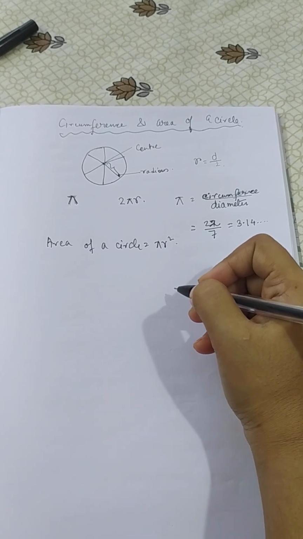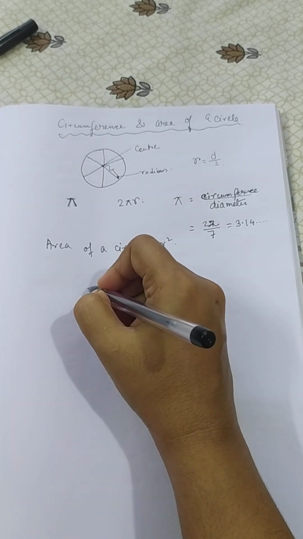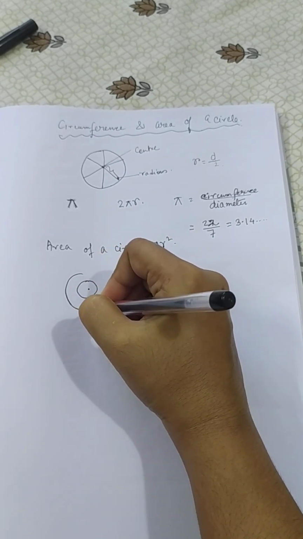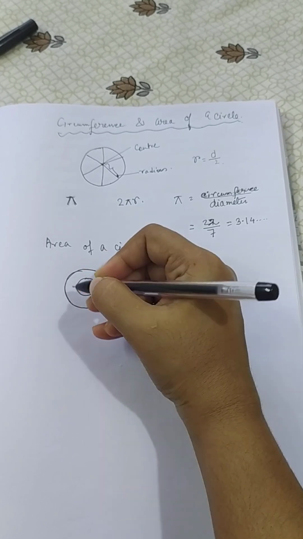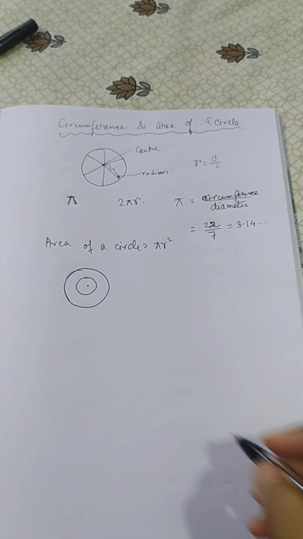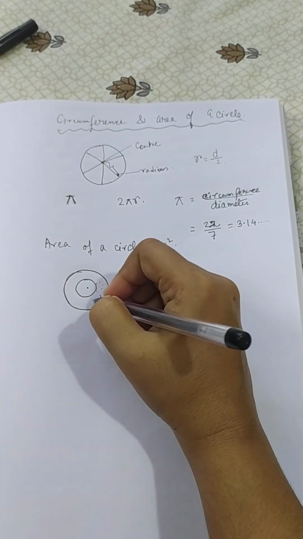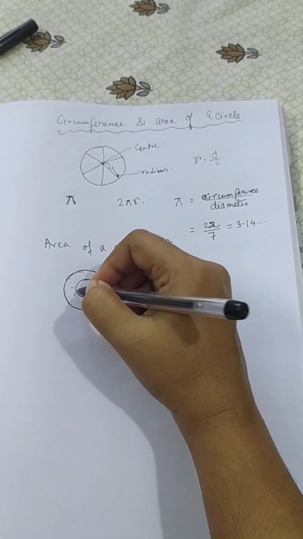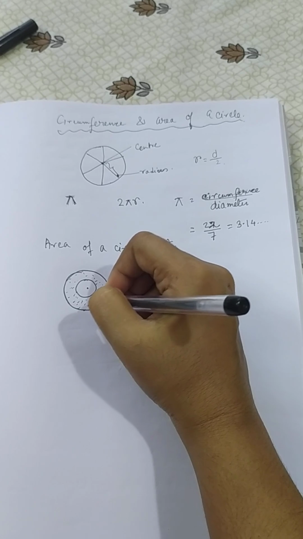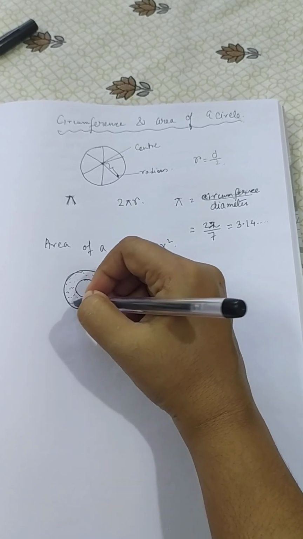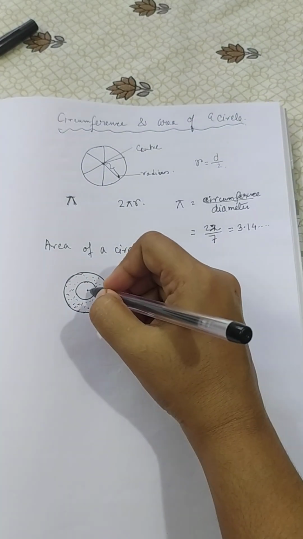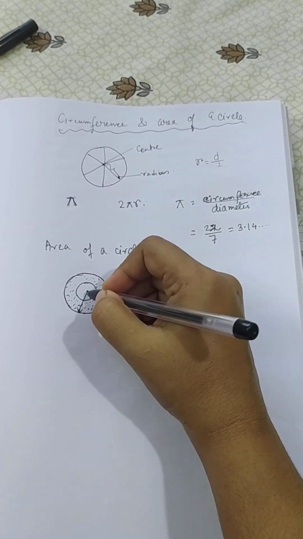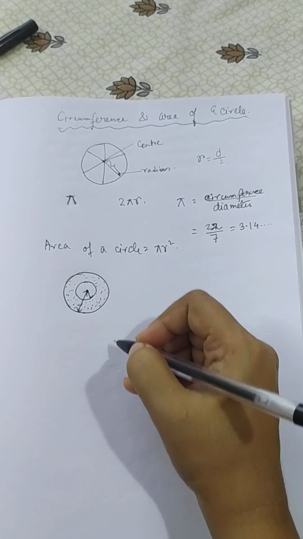Area of a circular ring, that means there is a common center and taking the center of it, two circular regions are present. If it is a solid portion and we have to find out the area of this particular shaded region, what will we do? We will have to calculate two different radii, one bigger radius, another smaller radius.